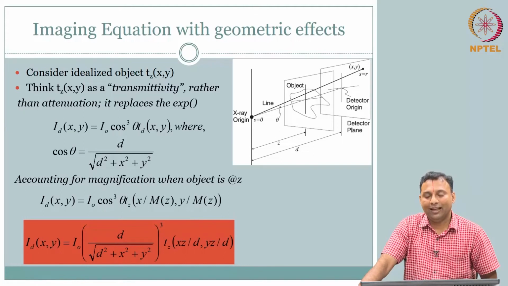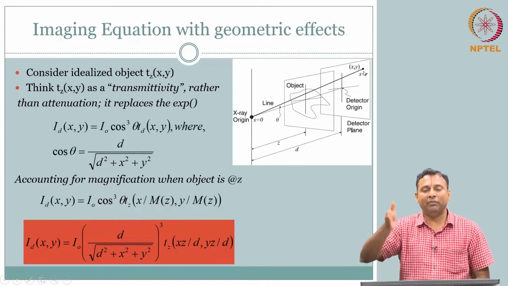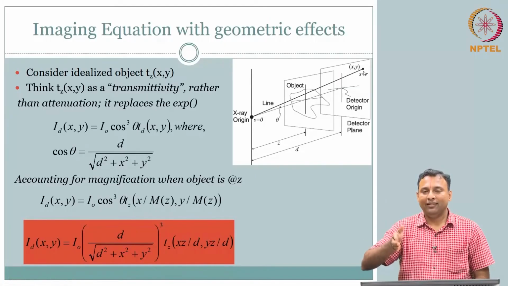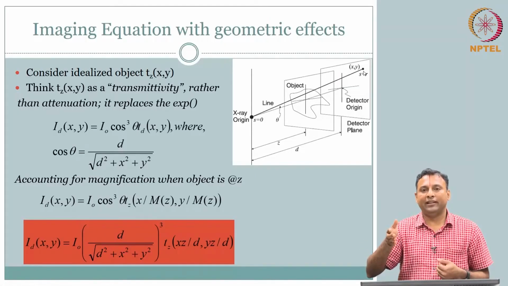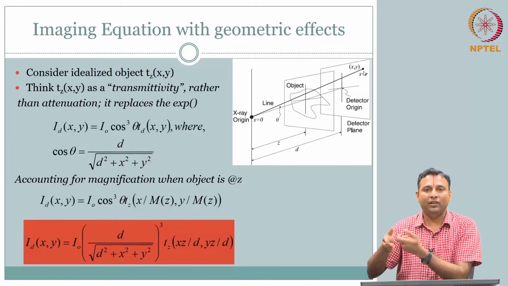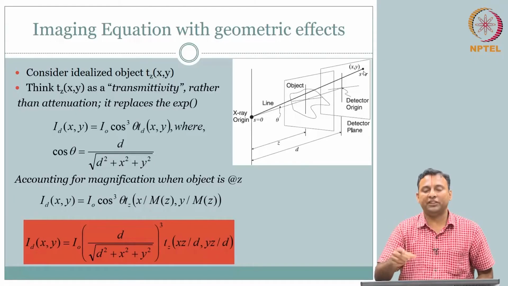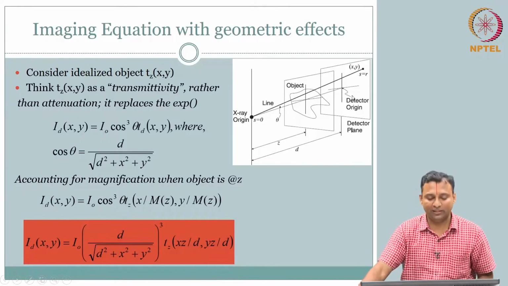Last but not the least, we have talked about the imaging detector plane, but we know what is happening there. You have a film screen, intensifying screen, and then film. So is there any effect because of that instrumentation on the image? These two we will still have to see.